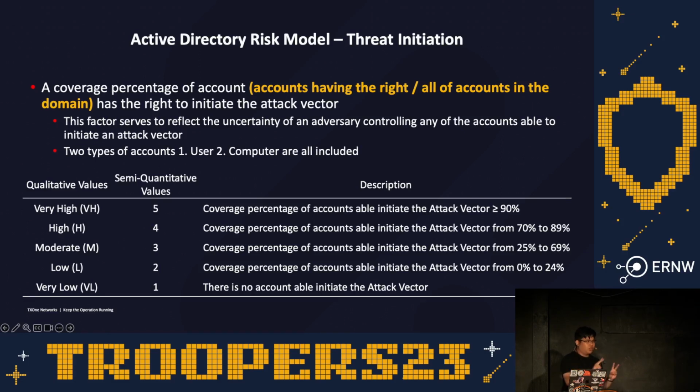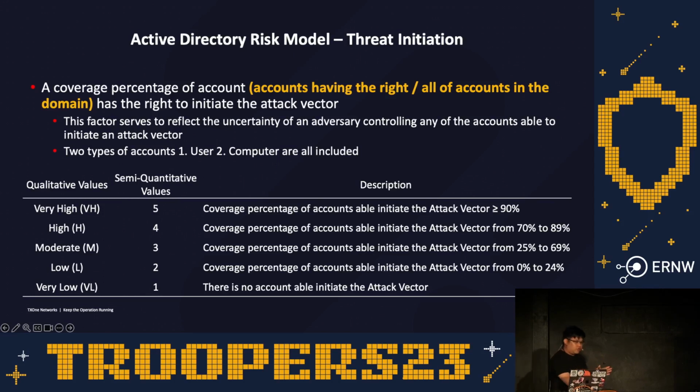So we choose the key point for the AD environment: the user, the account. For threat initiation, we use the coverage percentage of accounts. We count the accounts having the right, out of all accounts in the domain, as the threat initiation. We cover two parts: one is user accounts, the other is computer accounts.